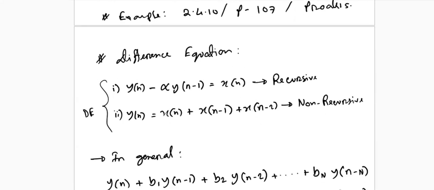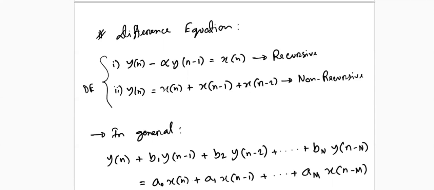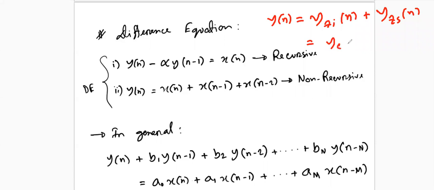This part I have taken out of the book. So here I am presenting the solution for the difference equation by using the complementary solution and the particular solution. There are two ways to find the total solution. One is zero input response plus zero state response. You can add those together, or you have the complementary solution and the particular solution.